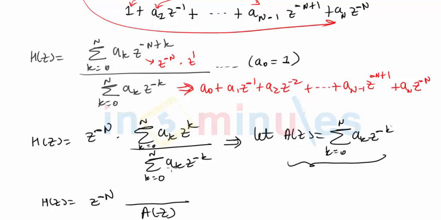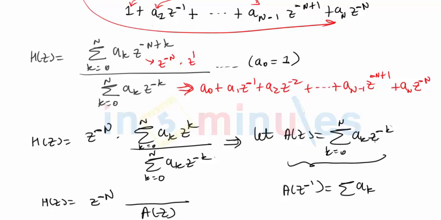If denominator becomes a of z, what will be numerator? You can see numerator and denominator are exactly same, with the only difference that here we had z inverse and here there is no z inverse, it is simple z with positive power. So if denominator is a of z, then it is very obvious that if I define a of z inverse, it will be summation ak.